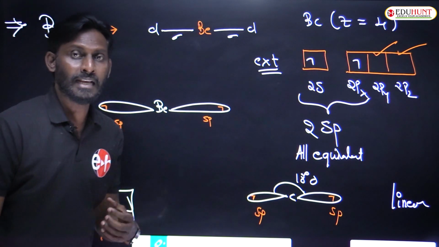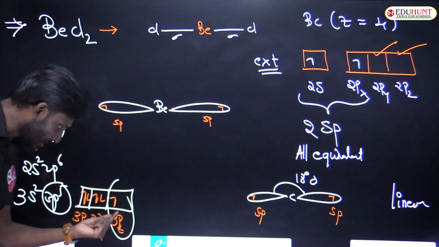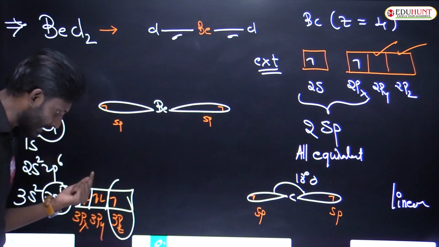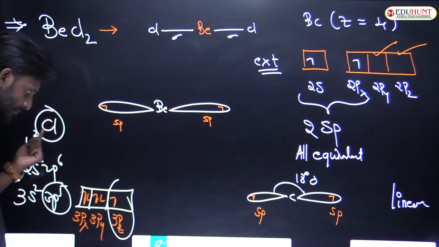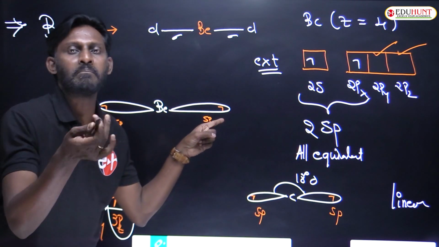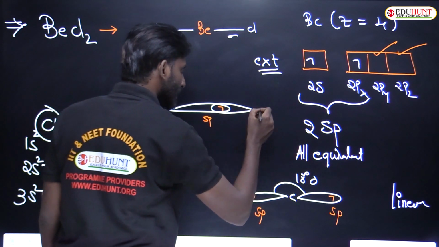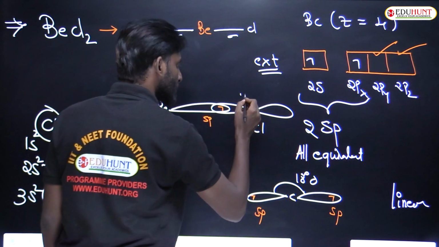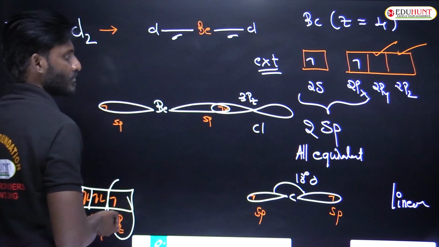Now what happens? The 3pz of the chlorine atom, the 3pz atomic orbital, not hybrid orbital, with its unpaired electron is going to overlap with the sp hybrid orbital of the beryllium. Simple. So this is the 3pz of chlorine with its unpaired electron, common space.